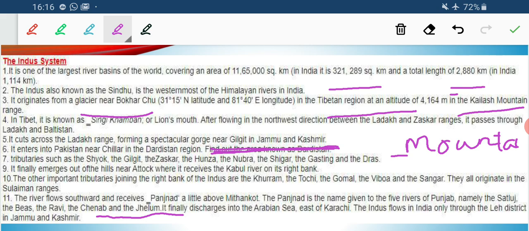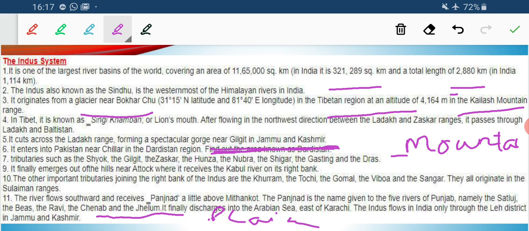Panchnad means confluence of five streams. And in this way the Punjab of our country has been developed, not only in our country, it is there in Pakistan too. And the Satluj, the Bias, the Ravi, the Chenab and the Jhelum are considered as plain tributaries.